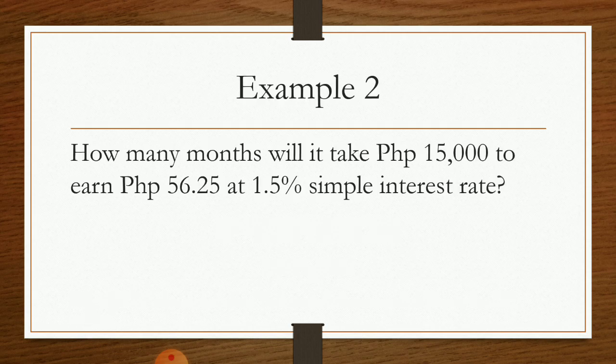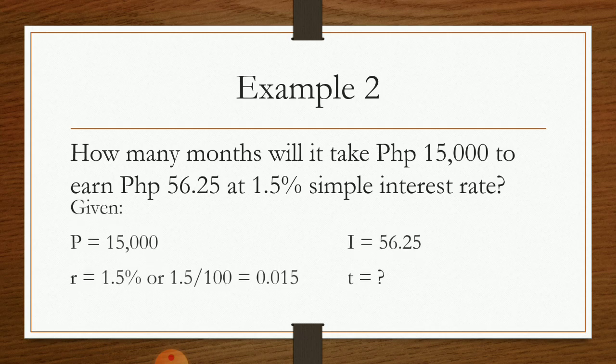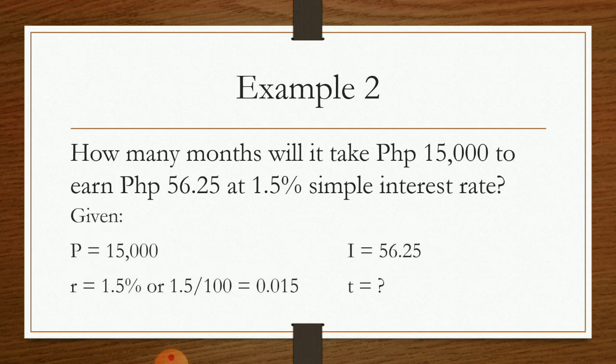Another example, how many months will it take 15,000 Philippine peso to earn 56.25 Philippine peso at 1.5% simple interest rate? So in here, what is asked is the time. Specifically, the time in months. So the given are, the principal is equal to 15,000, the rate is 1.5%, or that is 1.5 divided by 100, which is equal to 0.015.